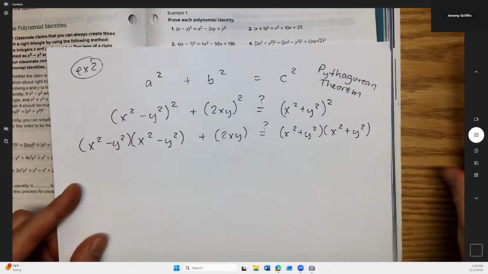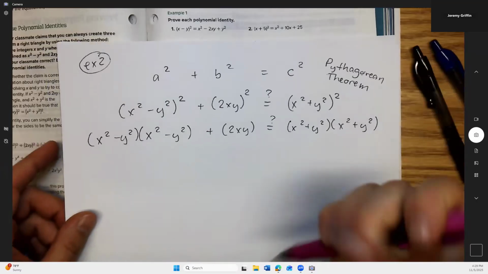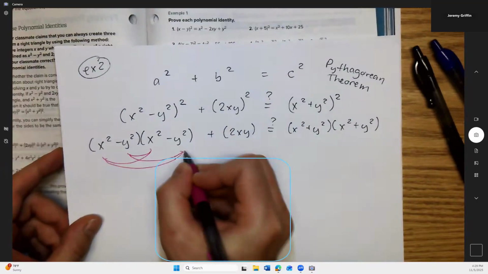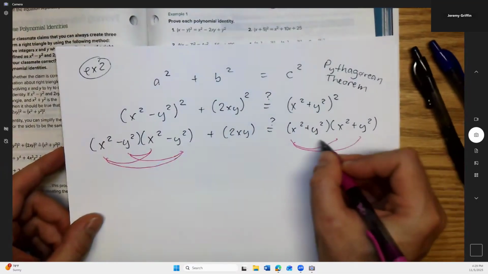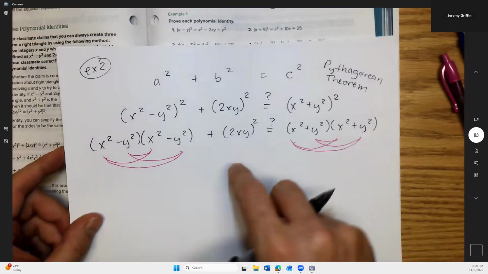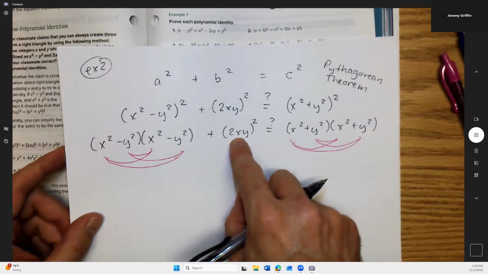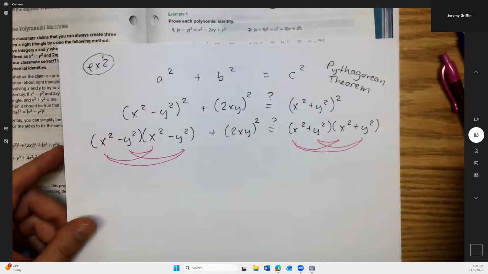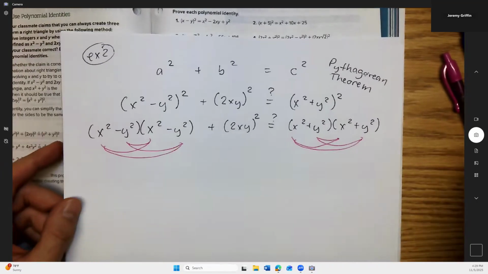So that I can draw my FOIL lines: first, outside, inside, last, and then over here, first, outside, inside, last. Now, oops, I forgot my square on this one. There we go. But this is just a single term being squared, so I can very simply square every individual value inside, and that'll work perfectly fine.